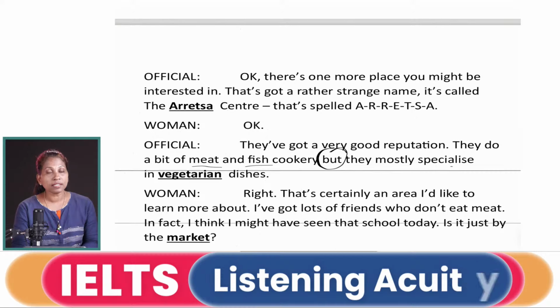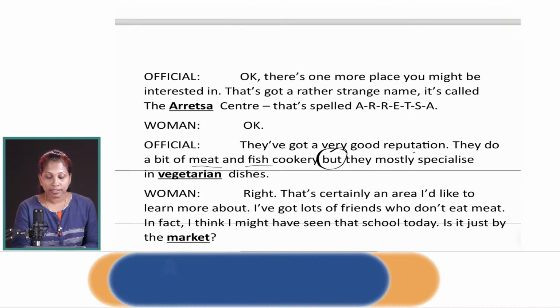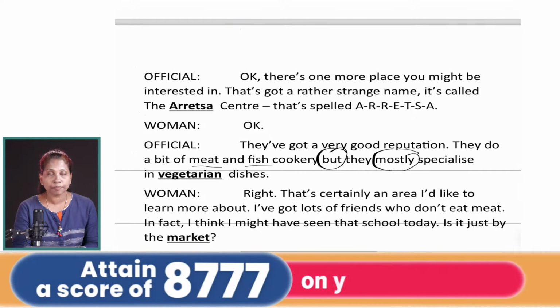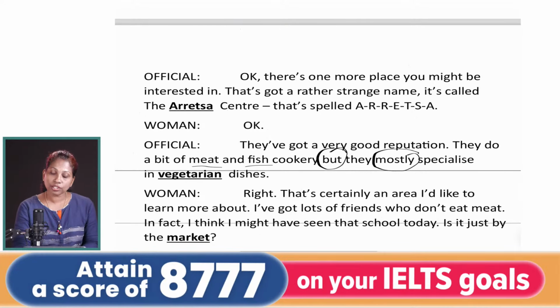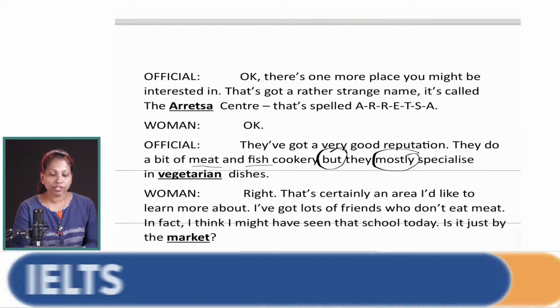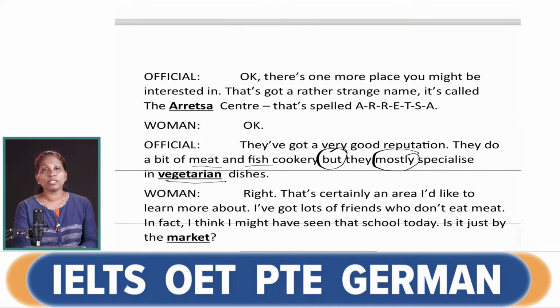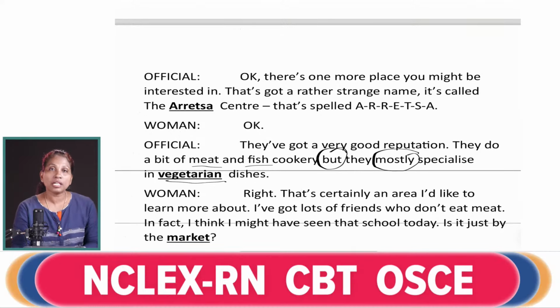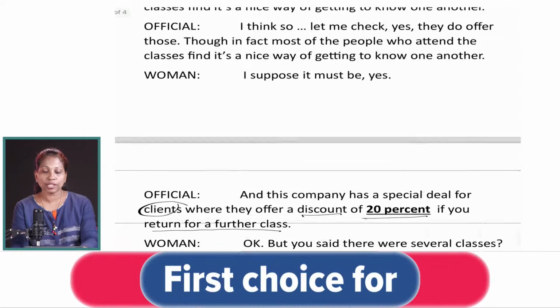So they make meat and fish dishes, but they mostly, that means they majorly, right? They majorly specialize in vegetarian dishes. So that is what they mostly help you to prepare, to learn to cook, right?